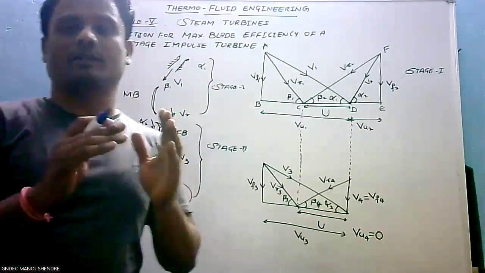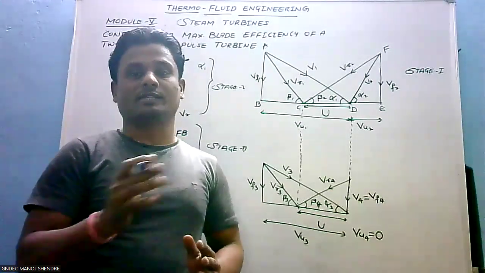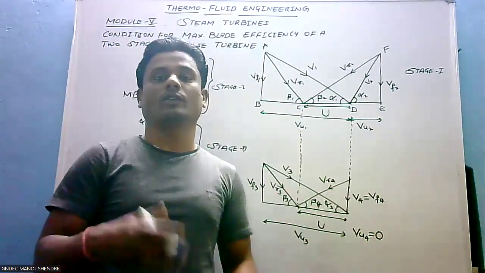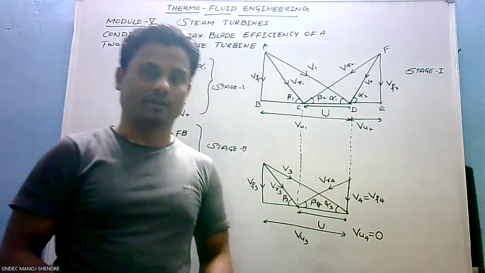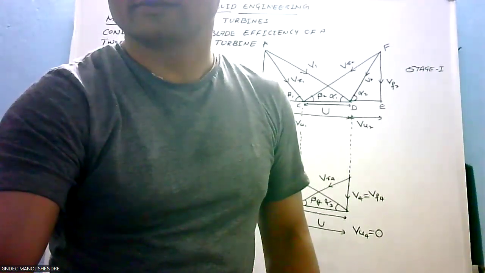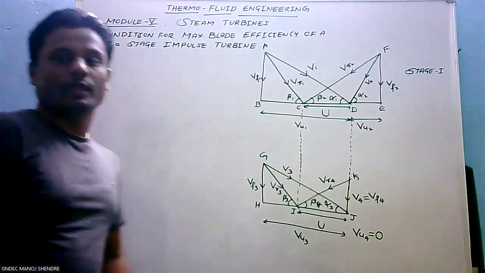Now let us try to derive the equation for the condition for maximum blade efficiency, that is phi. First we'll obtain phi, then we'll obtain the efficiency equation. Look at the board carefully.